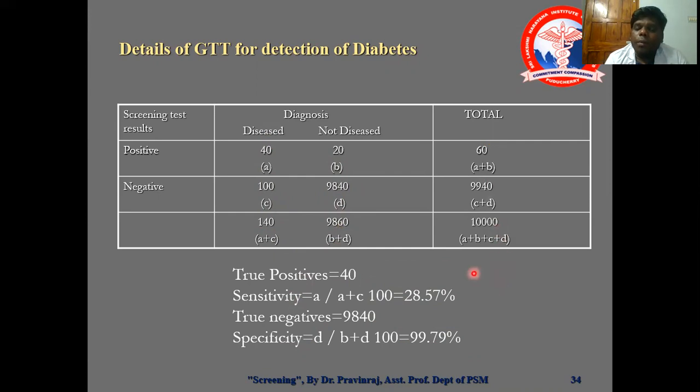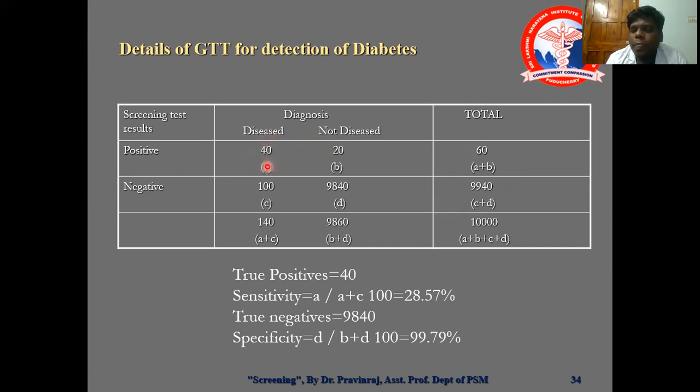Then there is something called positive predictive value and negative predictive value. Just look at this. This test has picked 60 people as having diabetes, but among the 60, actually only 40 have diabetes.